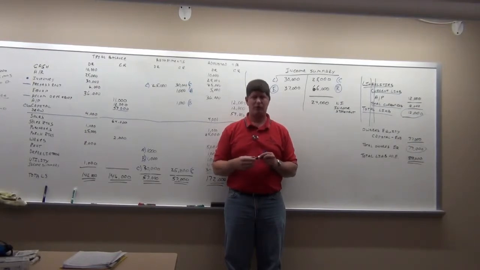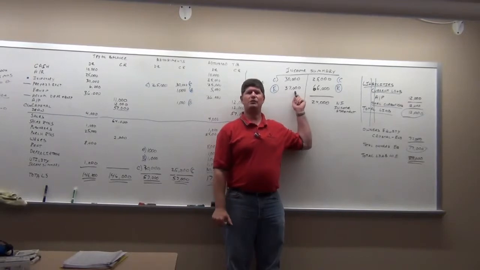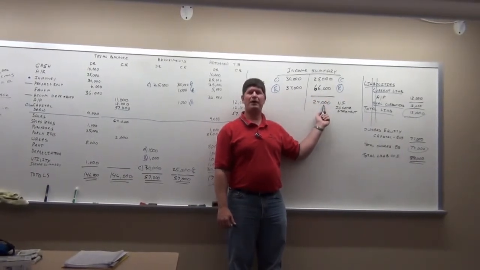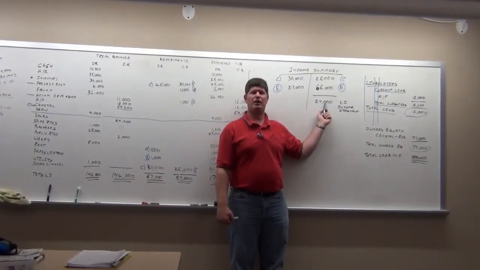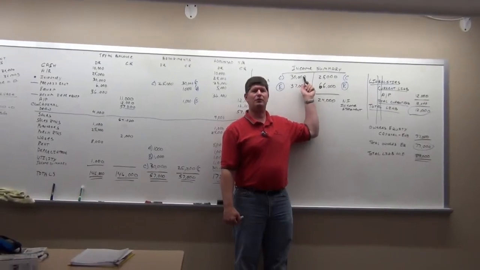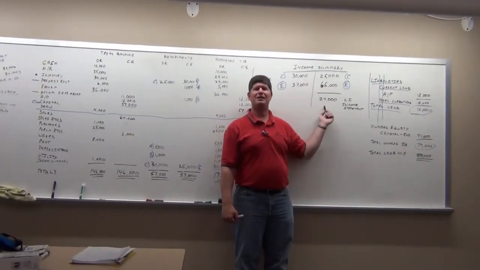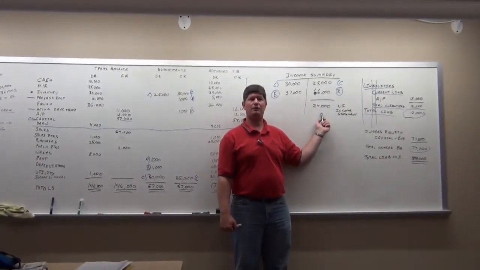Now, here's what I want to walk through. If I had just closed the expense accounts and the revenue accounts to income summary, would my balance in this account have been $24,000? I had to make this entry for the difference in the beginning and ending inventories to get the right net income number here, correct?